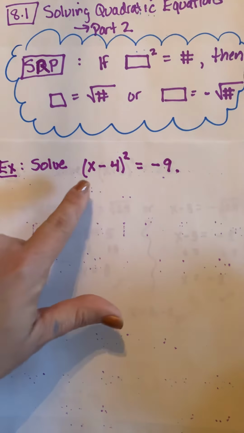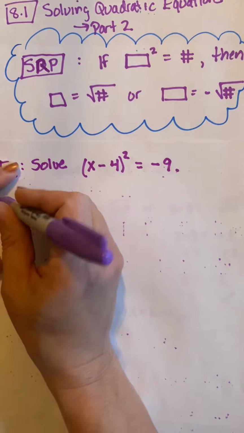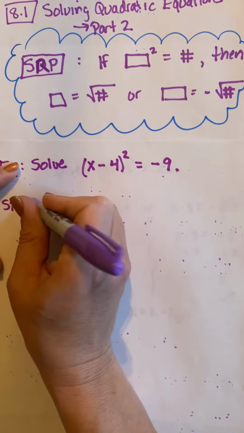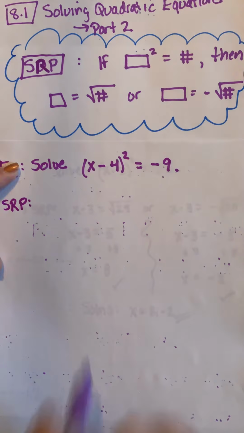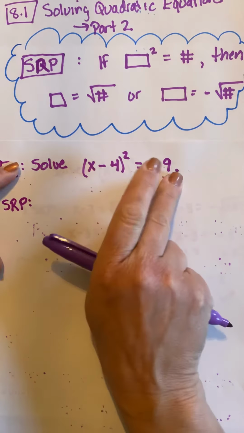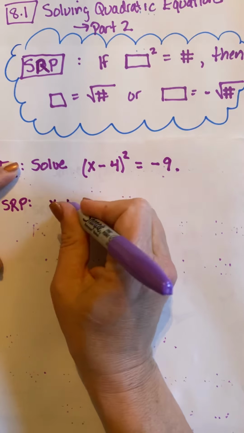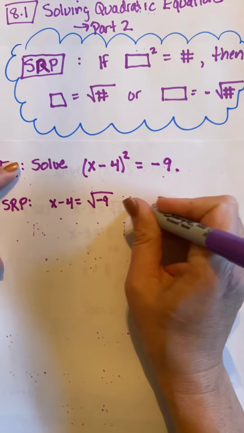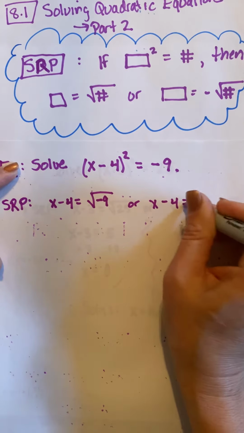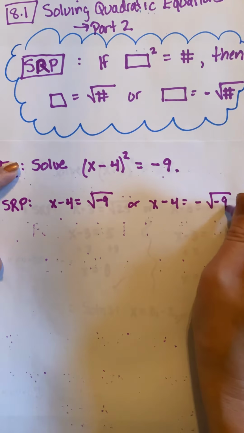But if we have something of the form something squared equals a number, this is screaming to use the square root property. So what's being squared is x minus 4. If something squared equals a number, then that something either equals the square root of the number or it equals the opposite of the square root of the number.